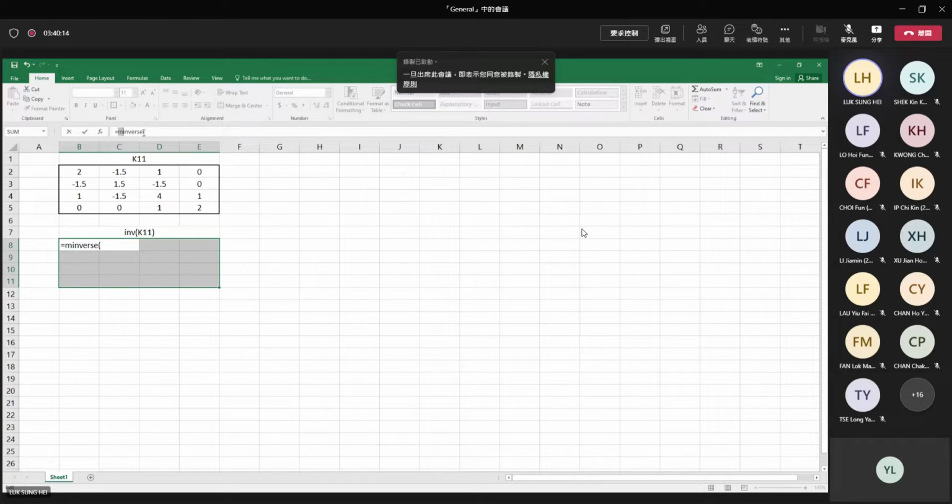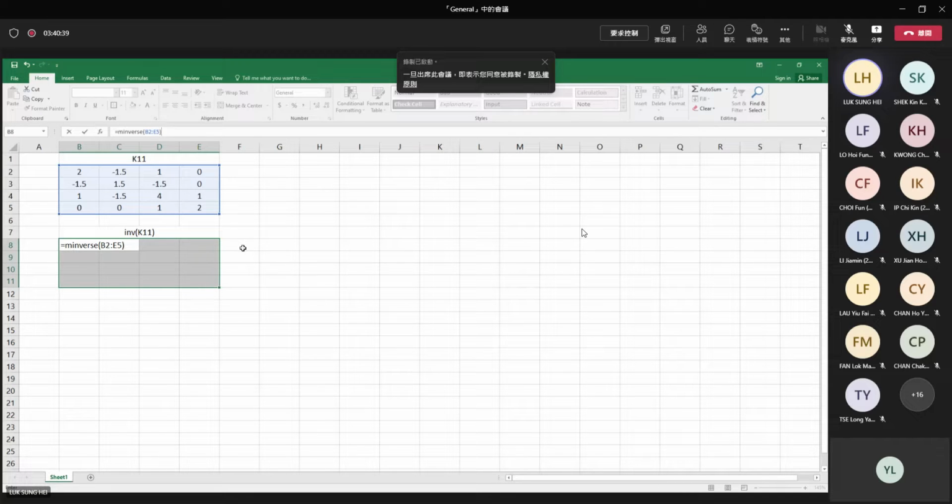M stands for matrix, inverse stands for inverse, MINVERSE. You first highlight the final dimensions, and then type in the command MINVERSE. Inverse what? Highlight the matrix that you're going to consider. Put the parentheses.